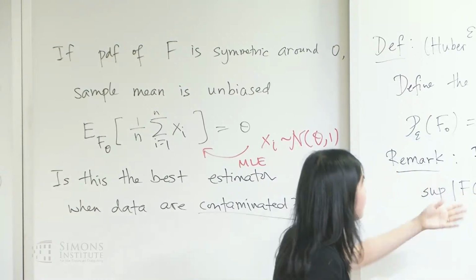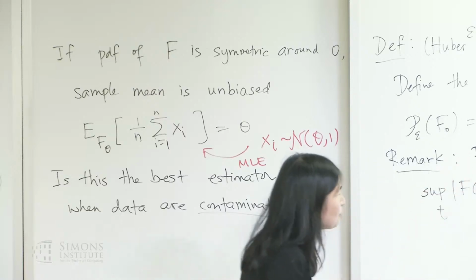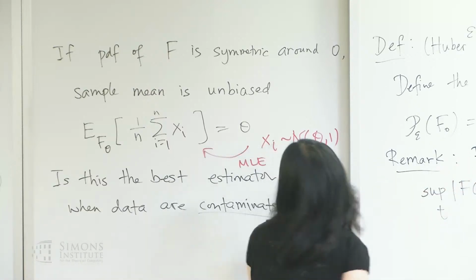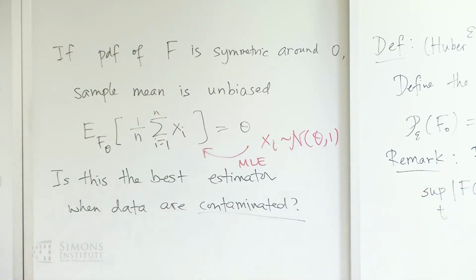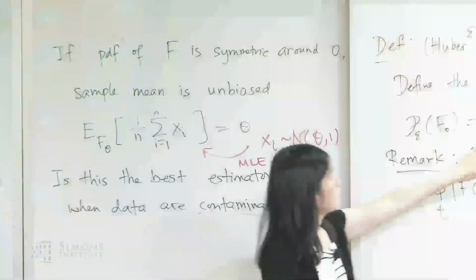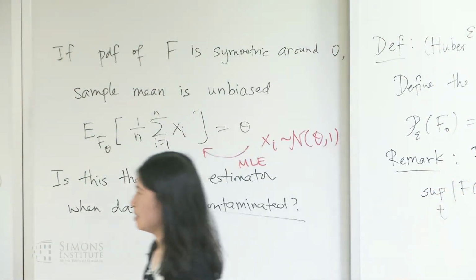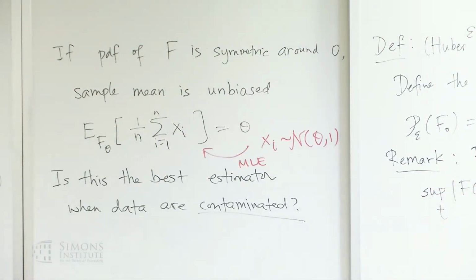To that end, we need to know the asymptotic variance of an M-estimator with a certain loss under some distribution F. So I'll write down a non-rigorous version of a theorem.